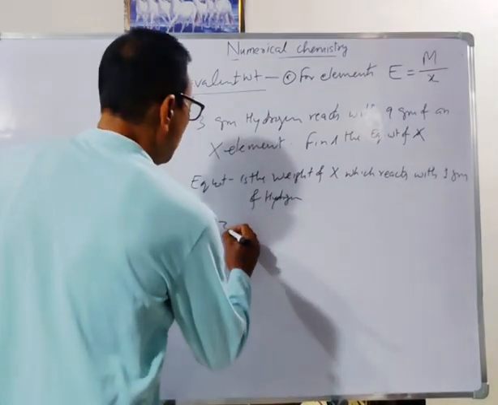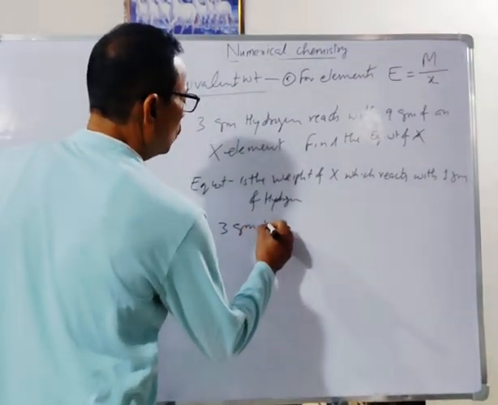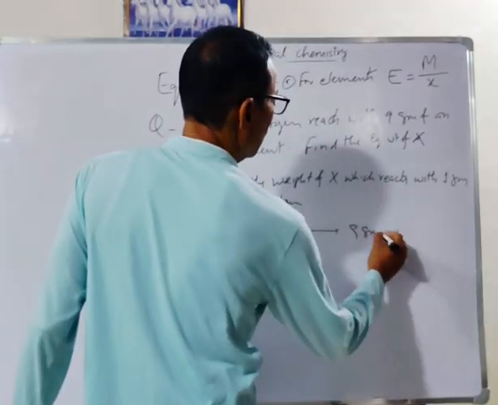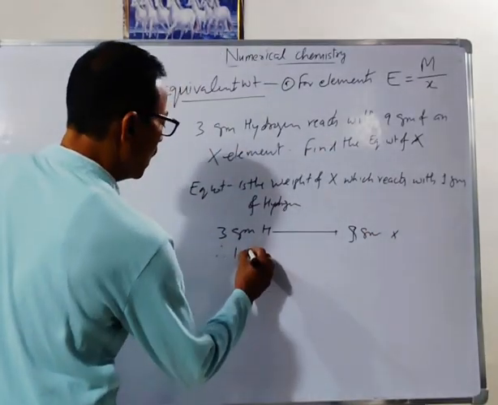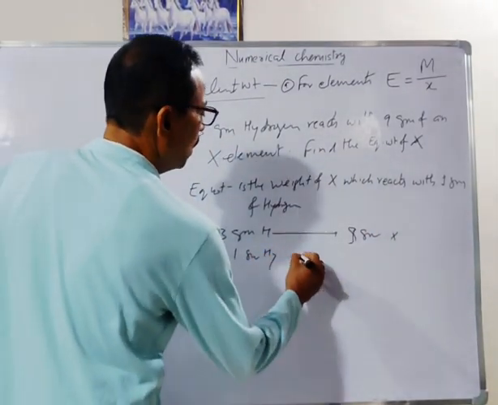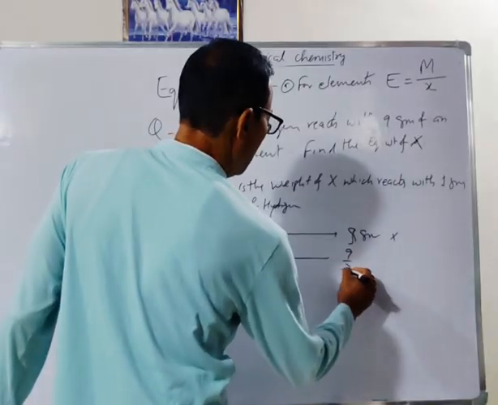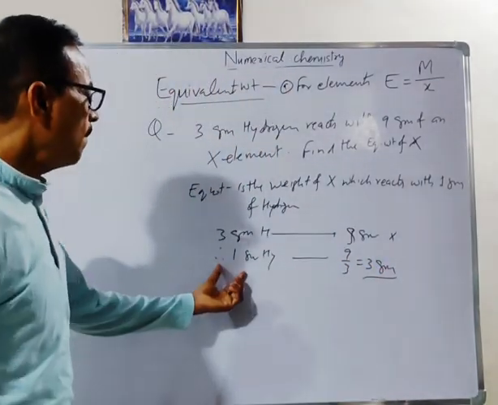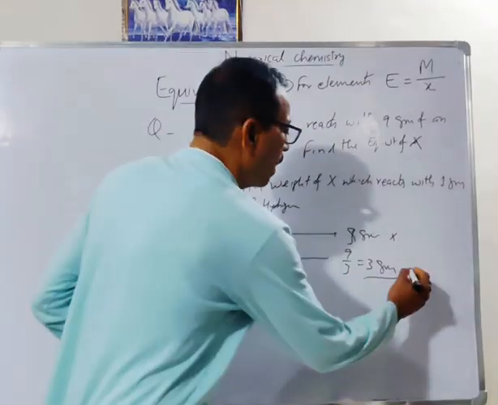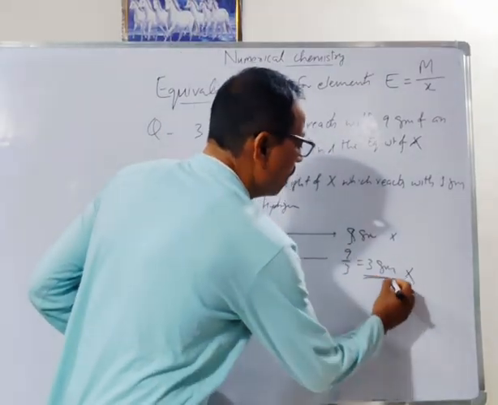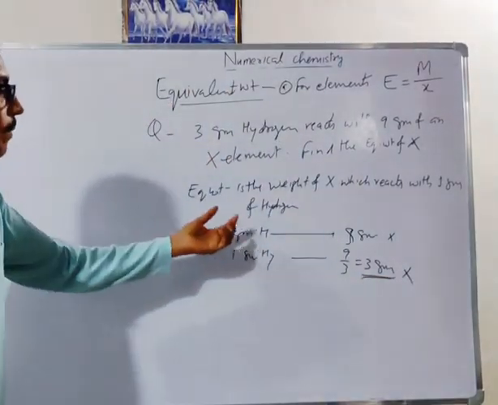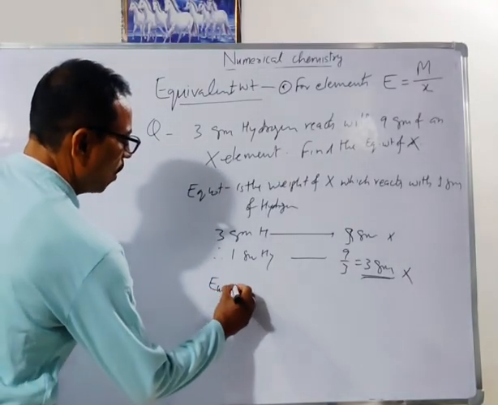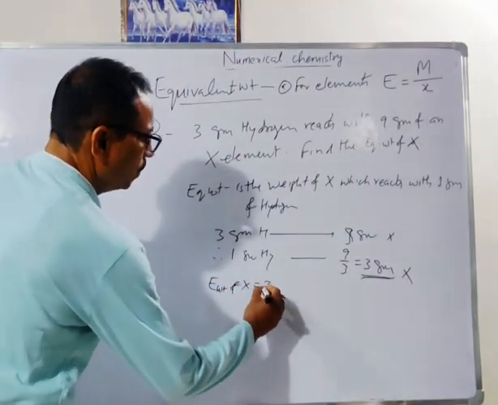Here 3 gram hydrogen reacts with 9 gram X, therefore 1 gram hydrogen reacts with 9 by 3, that is 3 gram. So the equivalent weight of X is 3.